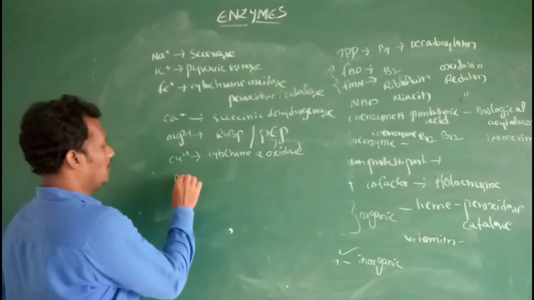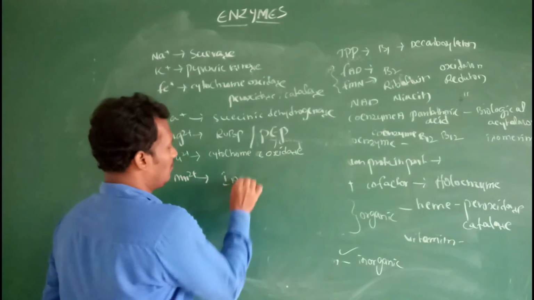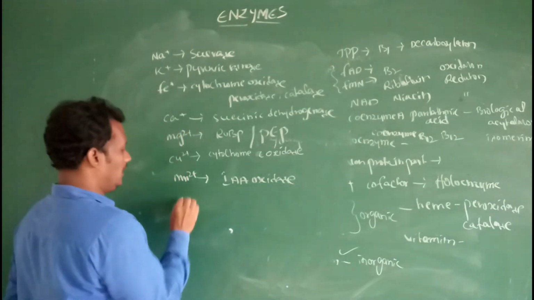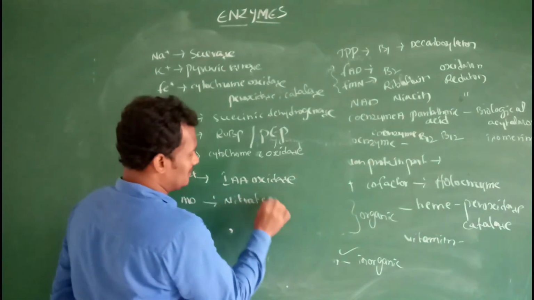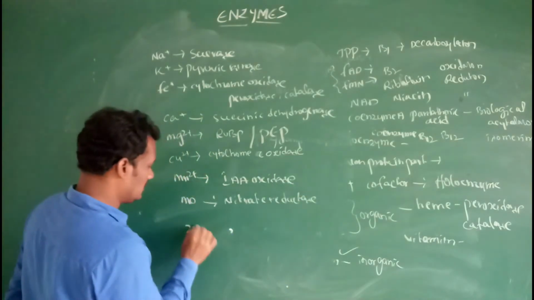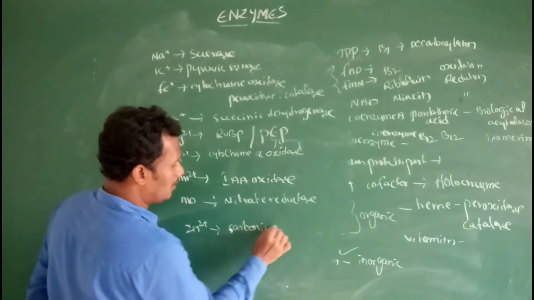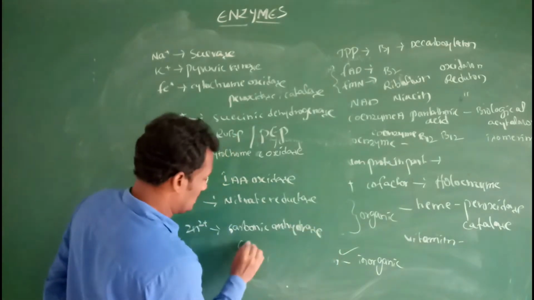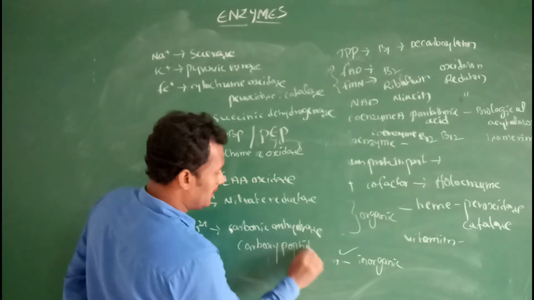Next one, Mn2 plus in IAA oxidase, then Mo in nitrate reductase, then Zn2 plus in carbonic anhydrase, then carboxypeptidase.